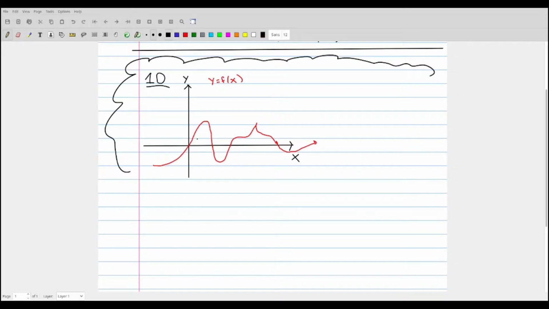And we'll just consider the interval, say, from a, right here, to b, right here.